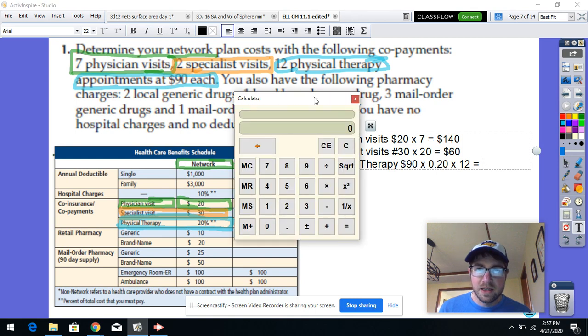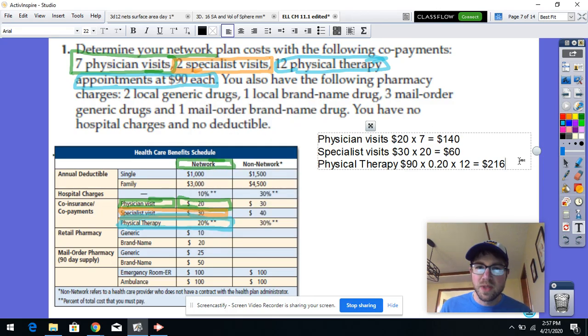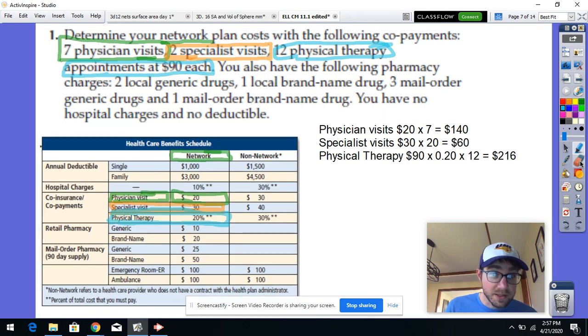Let's say 90 times 0.20 times 12 for $216 total. I'll write that down here. This is not a dollar sign. That bothers me, so I'm going to change it. There we go.